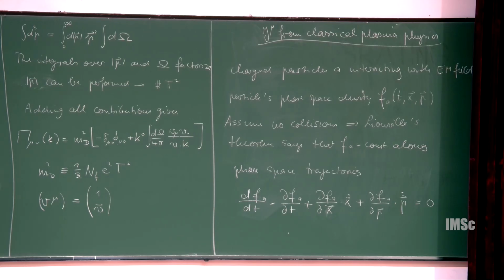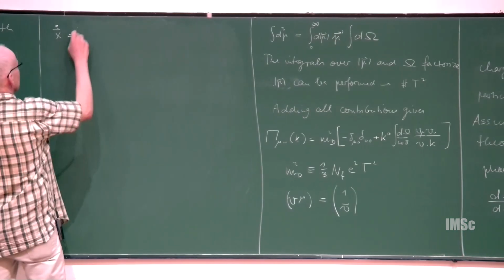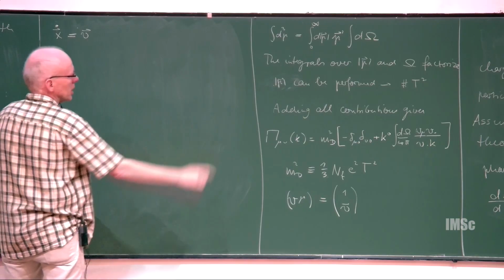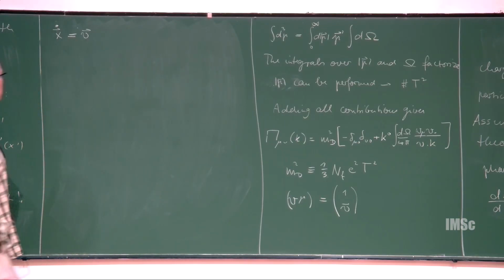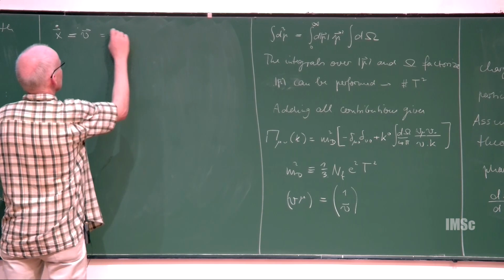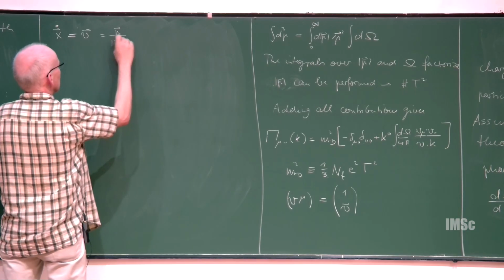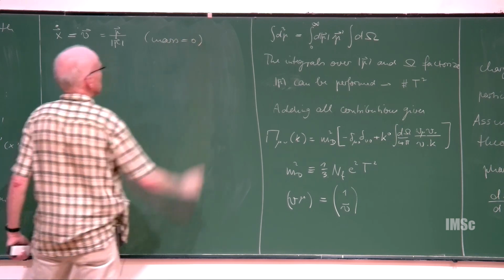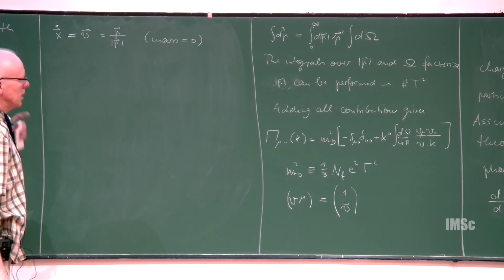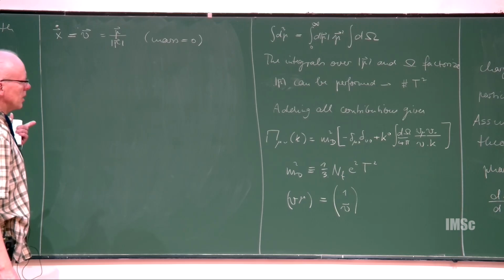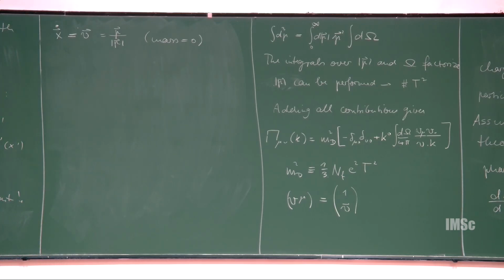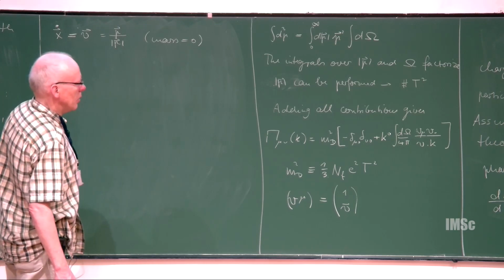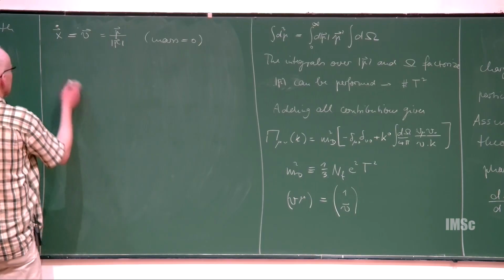Okay. Now the x dot is the velocity of our particles, which again we assume massless, so it's p over the length of p, mass equal to 0. This corresponds to neglecting the mass in the hard thermal loop, by the way. Now, what is the p dot?